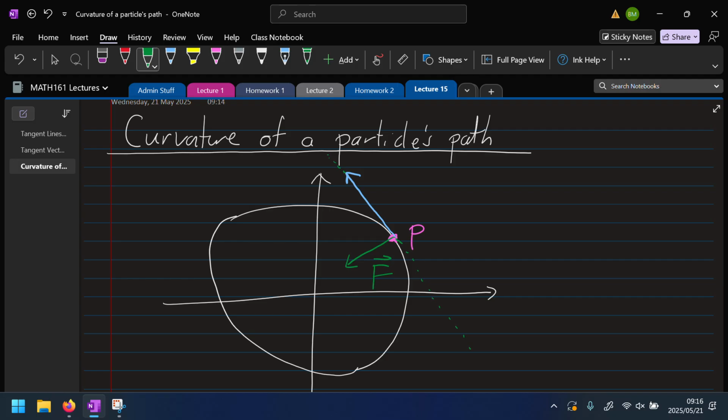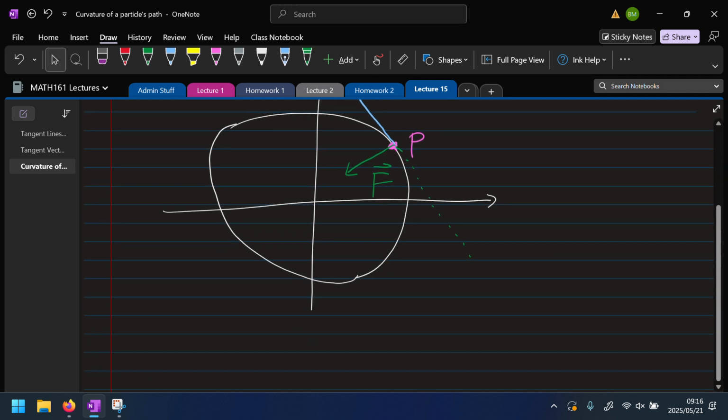Now, the amount of force or the amount of bending is given by the curvature. If you make a very small bend, there's going to be a very large force pulling you. If it's a very shallow, very wide bend, like this one over here, then the force is going to be much smaller. The way we differentiate between those two is with the curvature.